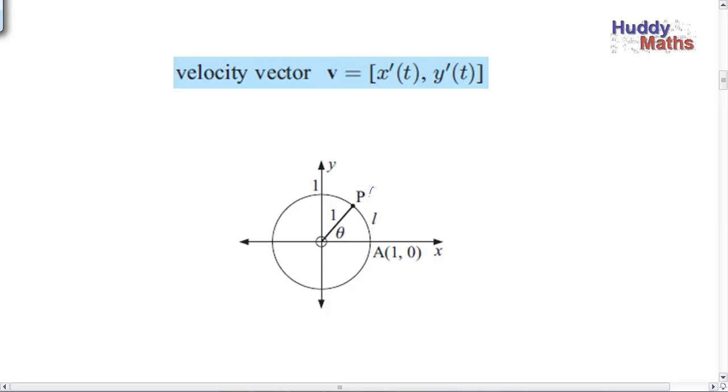Well, P is the point x and y, but probably better written to remind us that it's changing with time. So we're thinking now of P as having coordinates x and y, both functions of time.